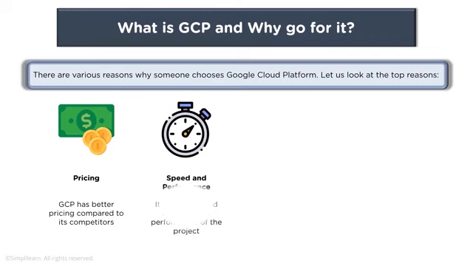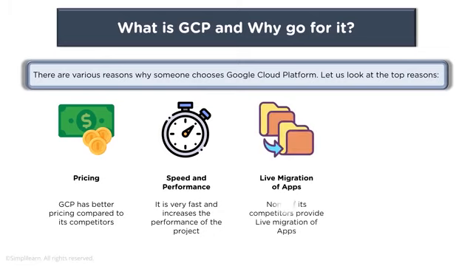When you talk about speed and performance, it's very fast and increases the performance of your project if you use different services offered by Google. When you talk about live migration of apps, this is one of the features which organizations usually like, which none of the other competitors are offering.